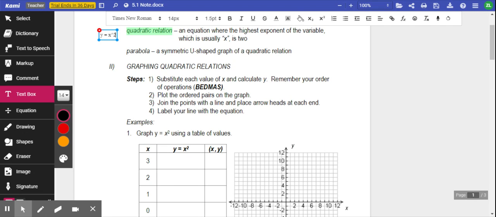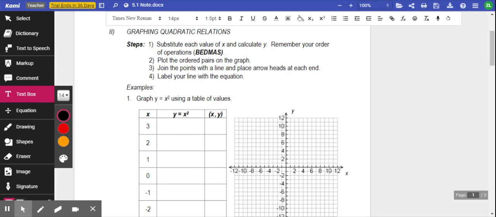So again, we're going to deal with our brackets and exponents before we deal with our division, multiplication, addition, and subtraction. Then we're going to get ordered pairs, x comma y, and we're going to be able to place them on the graph, and from there you'll be able to draw a U-shaped graph throughout.